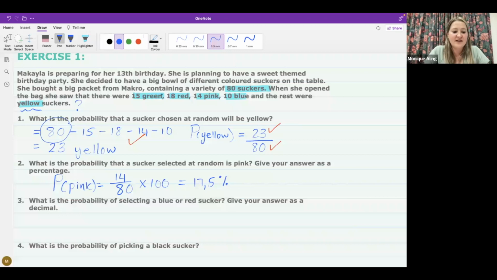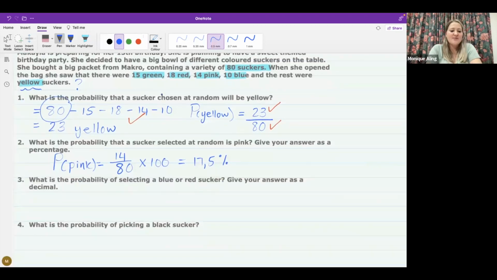Great stuff. Okay, what is the probability of selecting a blue or red sucker? Give your answer as a decimal. So a key thing to remember here as we're looking at blue or red suckers. Well done, Imihle.